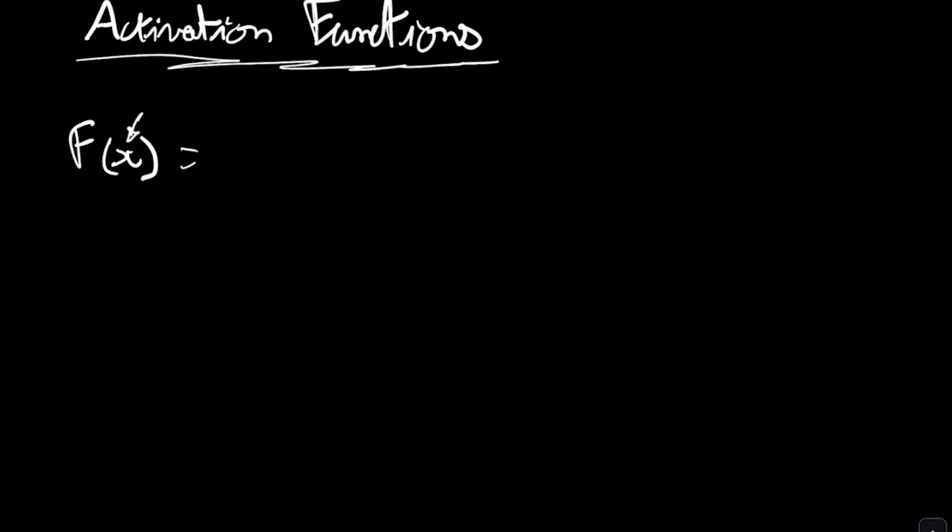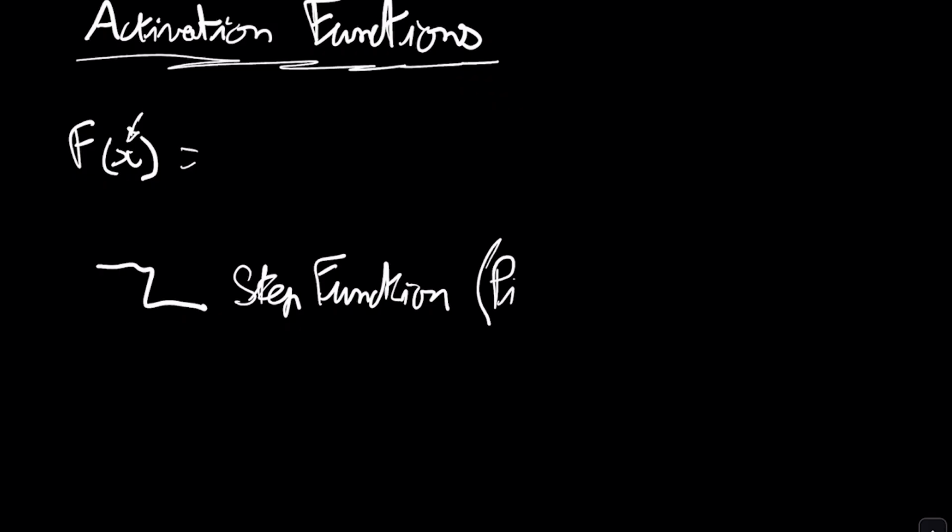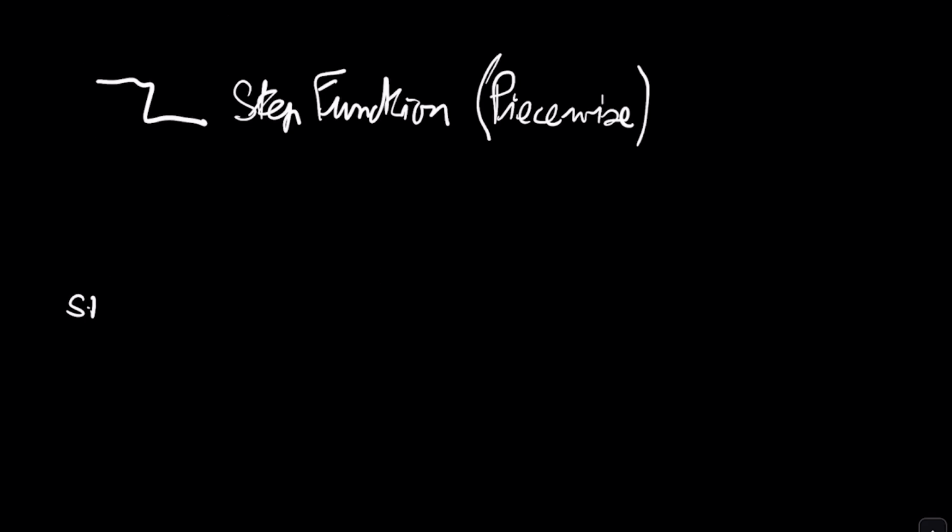The function I'd like to look at for this video is called the step function. The step function is what we call a piecewise function, which is essentially just a fancy way of saying it has different rules applied to different parts of the input domain. So we're going to write step to denote the step function. Let's imagine the step function takes in a number. In our case, it's going to be the score, right?